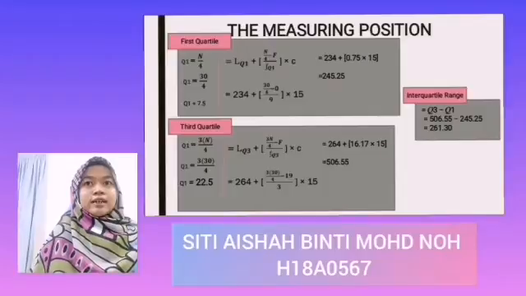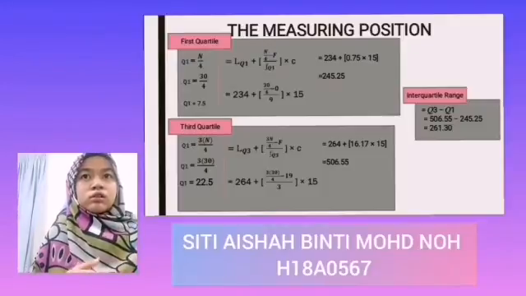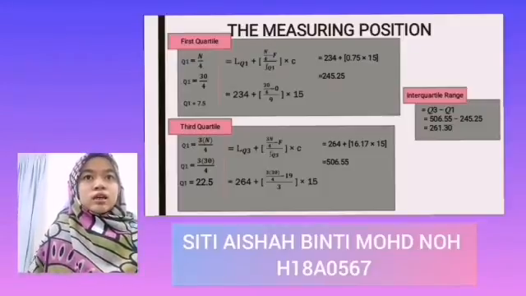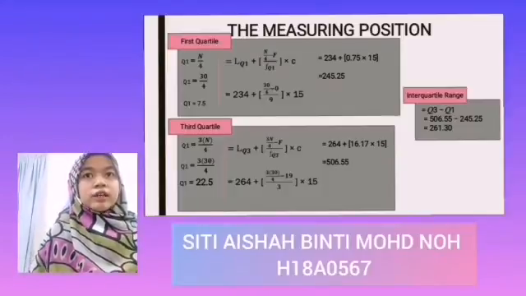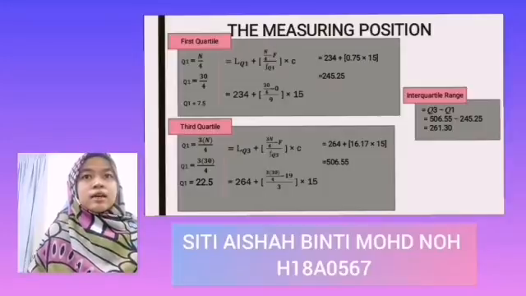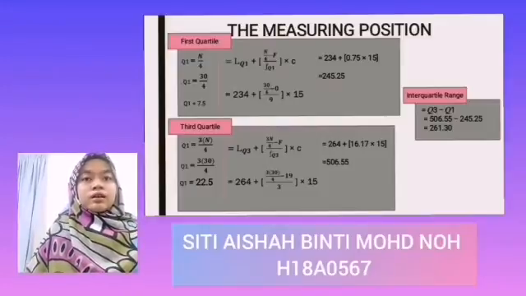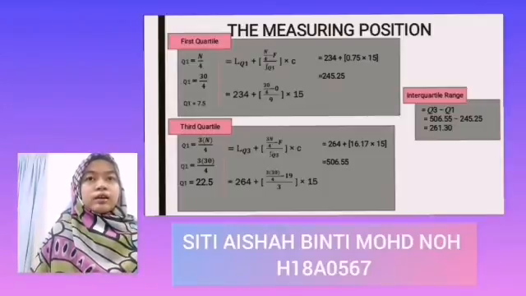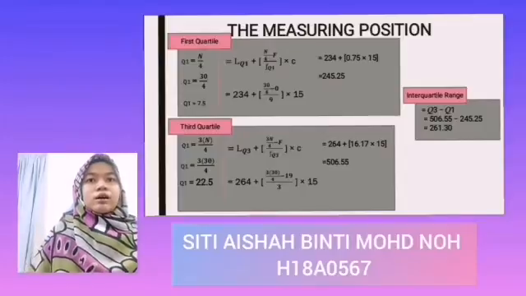The formula to get the first quartile is LQ1 plus brackets n divided by 4 minus f divided by FQ1, multiplied by c.